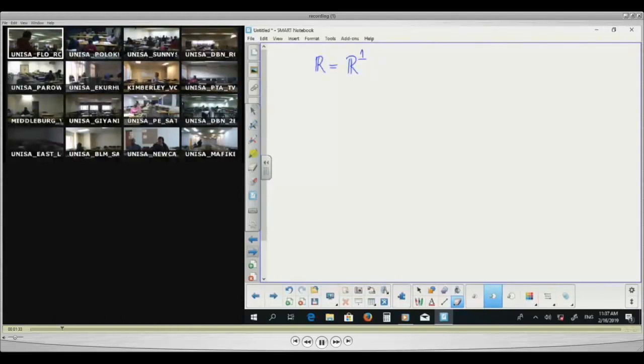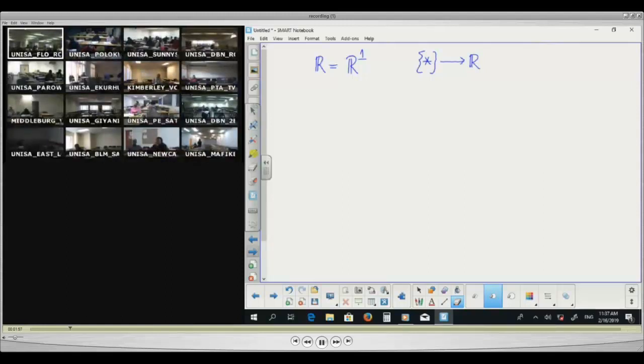I can think of each real number as a function from the singleton set, a set which has only one element, into R. Now what is the function?